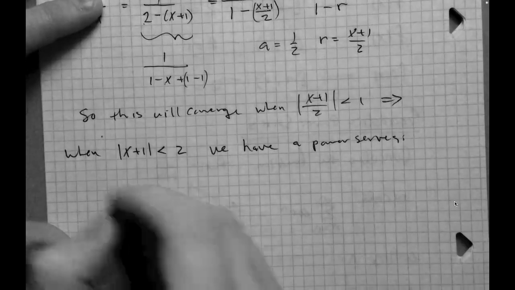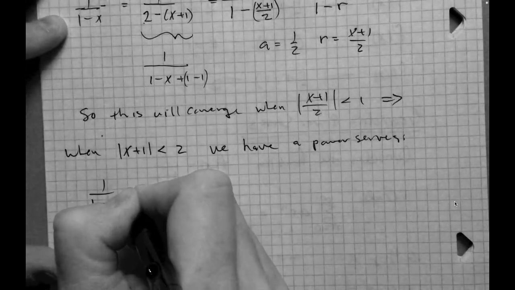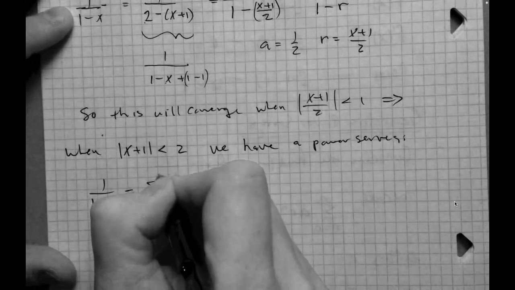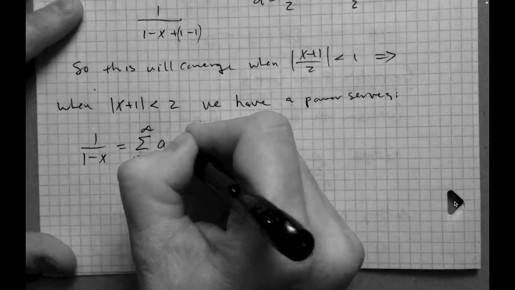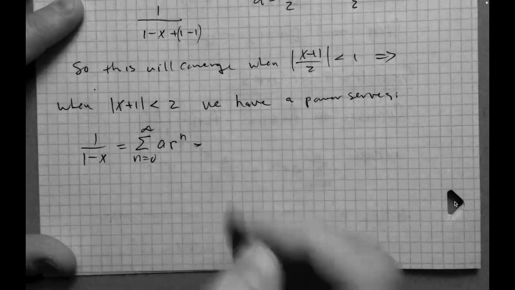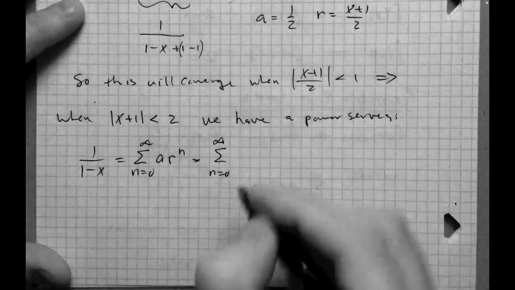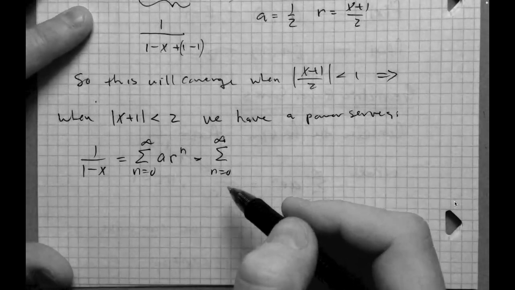Right, and so it's going to be true in this case that 1 over 1 minus x will be equal to the sum from n equals 0 up to infinity. And then again, it's just writing this, it's ar^n, so we just plug in those values that we basically derived up above here. So our a is 2. Sorry, our a is 1/2.